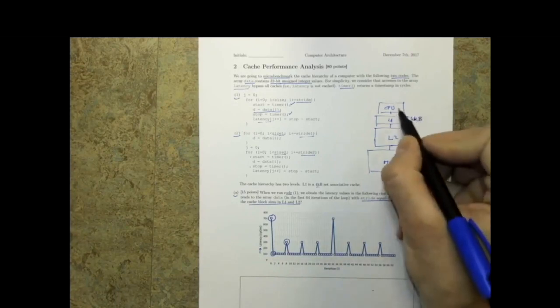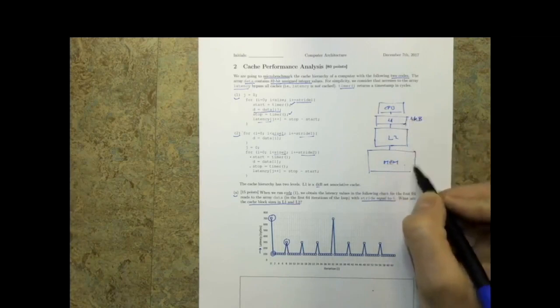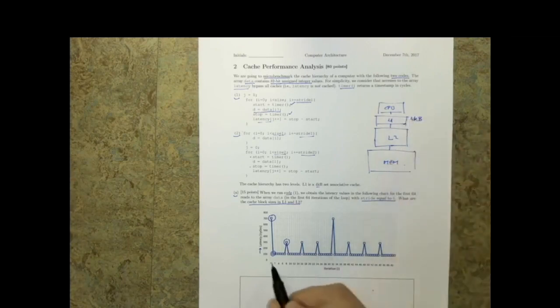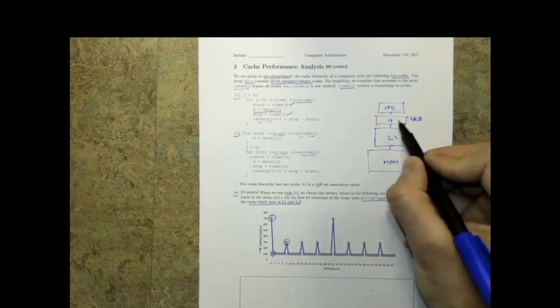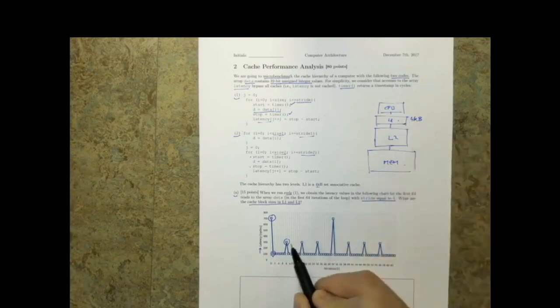Obviously, L1 is closer to the CPU than L2, and L2 is closer than the main memory. So it is expected that the lowest latency, 100 cycles, corresponds to L1, the 300 cycles correspond to L2, and the 700 cycles correspond to the main memory.